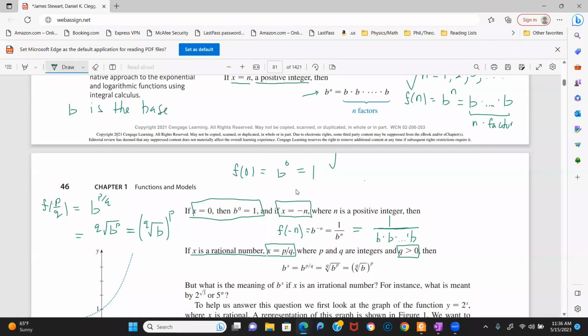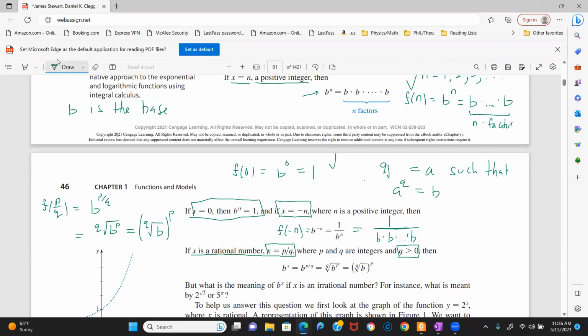For example, the qth root of b is some number a such that a to the q is equal to b. That's how you evaluate this qth root: it's just that number a such that when you raise it to the qth power, you get b.